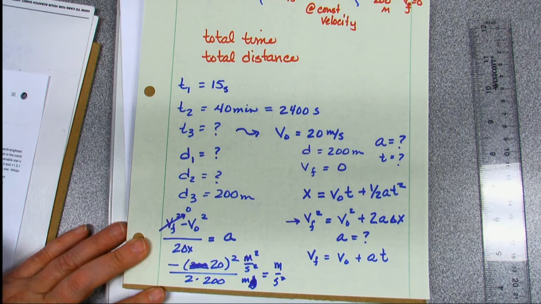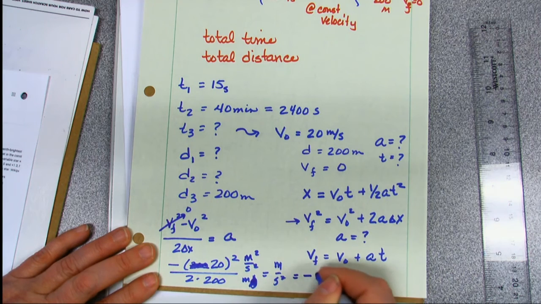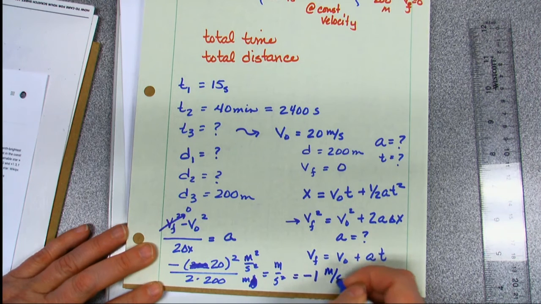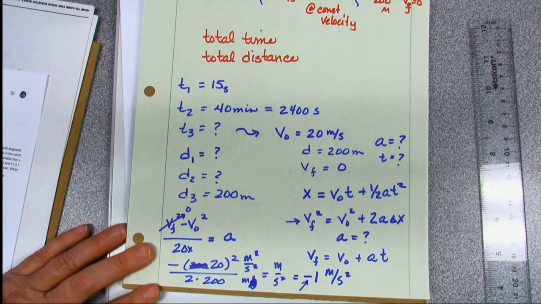So I get minus 20 squared divided by 400, which equals minus 1 meter per second squared. This minus indicates a deceleration.